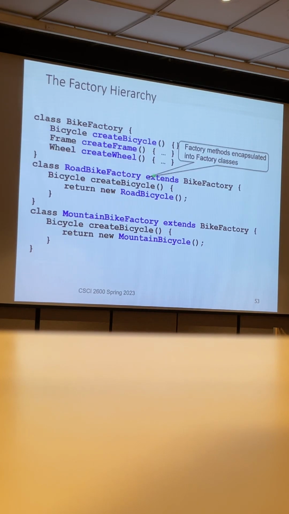All right, so now with all the other types of bikes, each type of bike will have its own factory, a road bike factory, a mountain bike factory. And here we can take it further to say, well, when we are creating a bicycle, we might actually be assembling the bicycle from its components, from frame, wheels, and so forth.